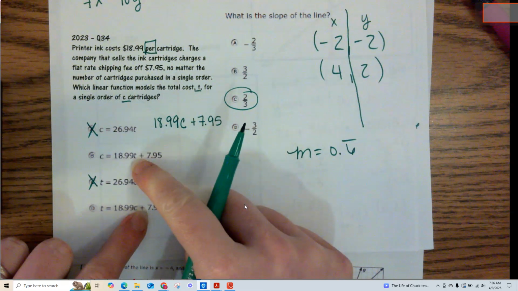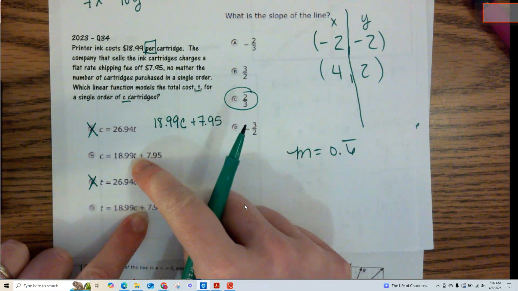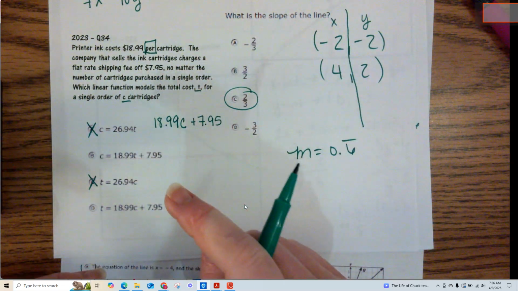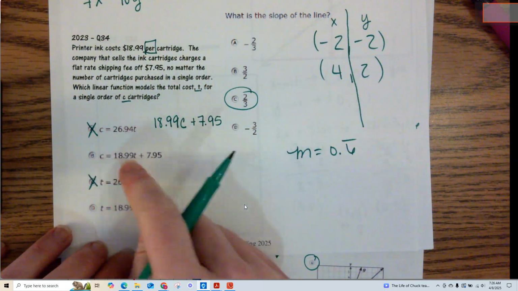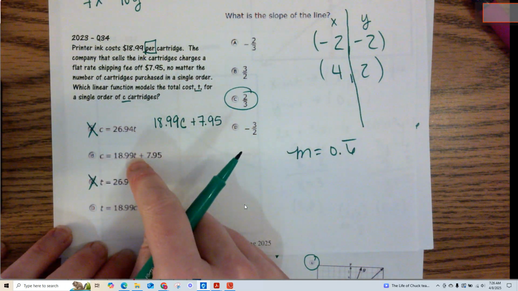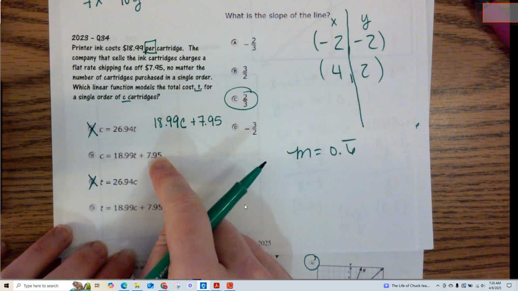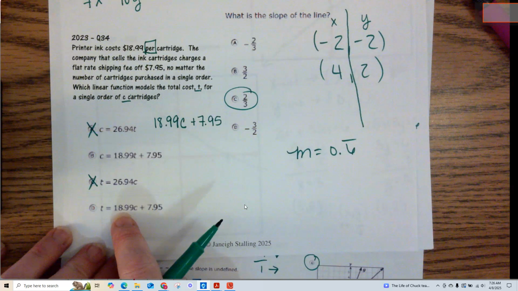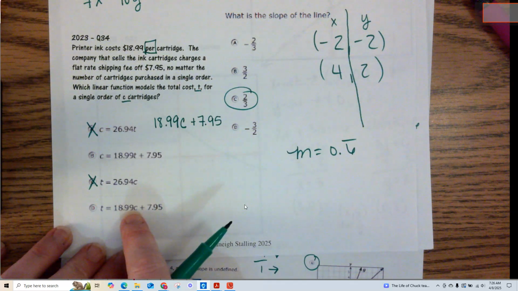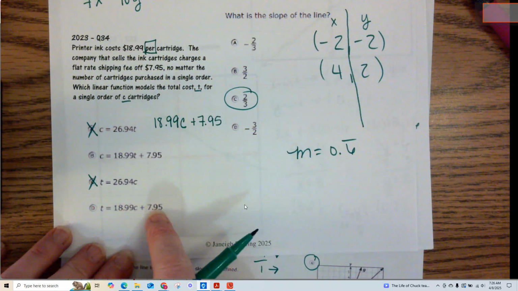If you notice, these two have the variable switched. Read it to yourself. Read it like a sentence. Cartridges, or the cost, equals $18.99 times the total plus $7.95. Okay? Total equals $18.99 times the cartridge plus $7.95.